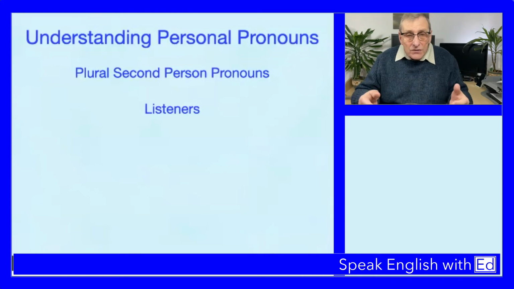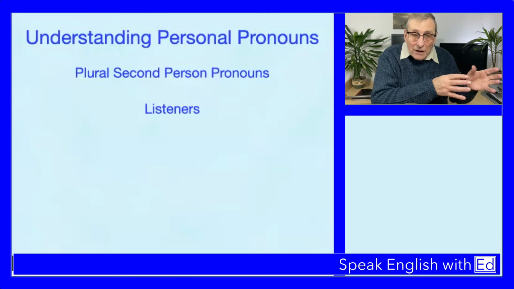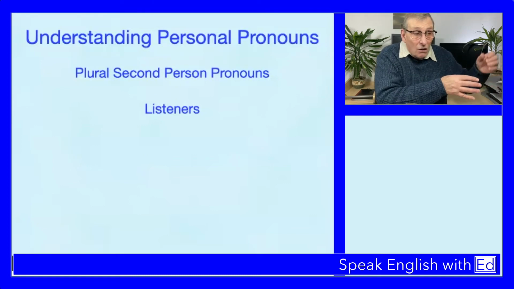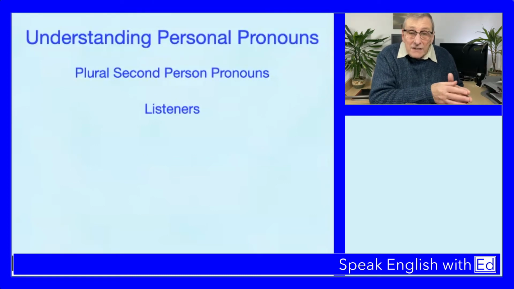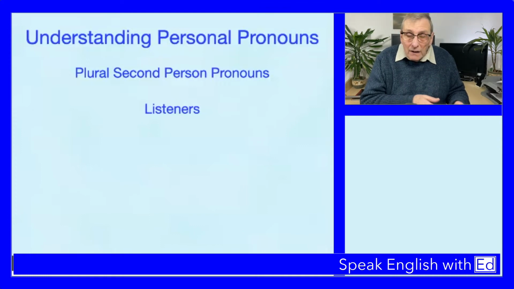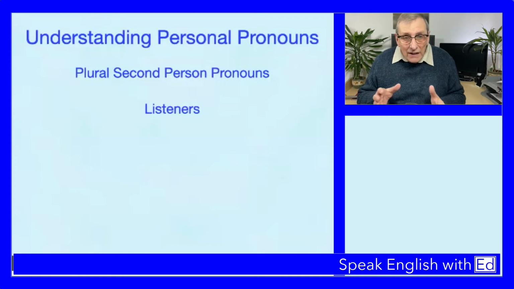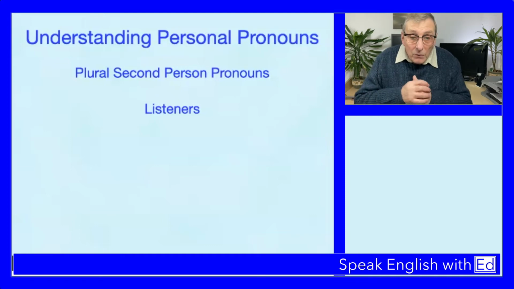The speaker is with somebody else. Now, not necessarily at the moment. We could be talking about a listener with someone else from last week, or last month, or yesterday, or this morning, but not necessarily with the listener at the moment.